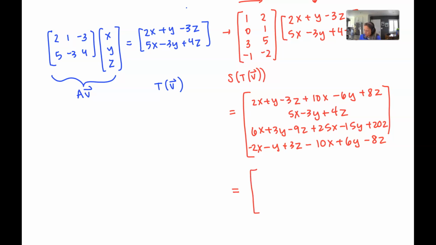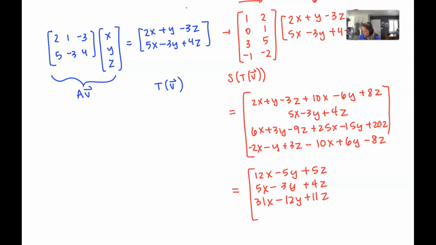by combining like terms for each of those elements. Looks like we have 12x minus 5y plus 5z, and we have, oh, that's easy, I don't know why I'm pausing, 31x minus 12y plus 11z, and the negative 12x plus 5y.